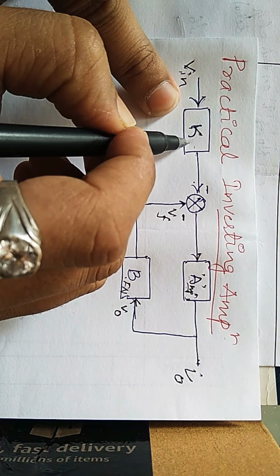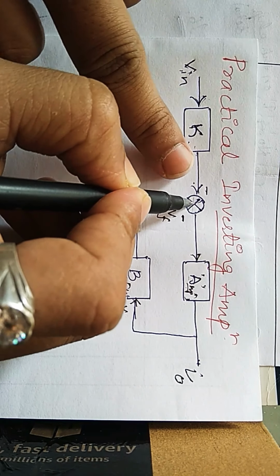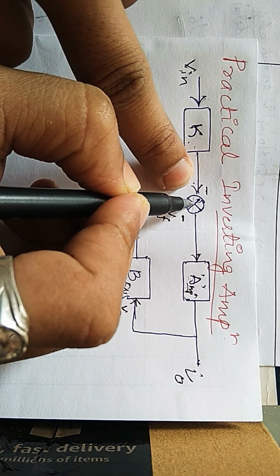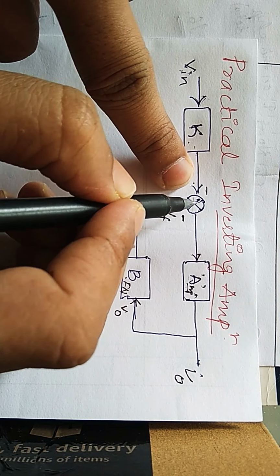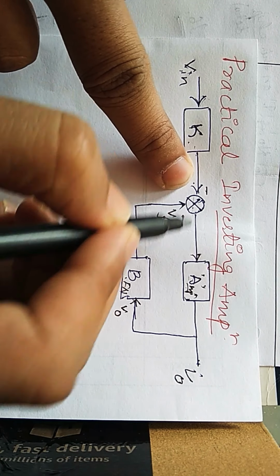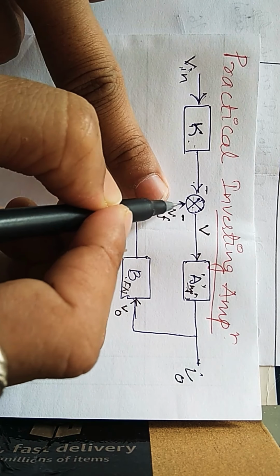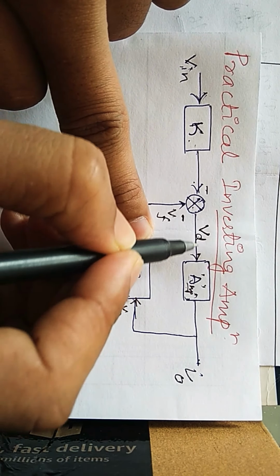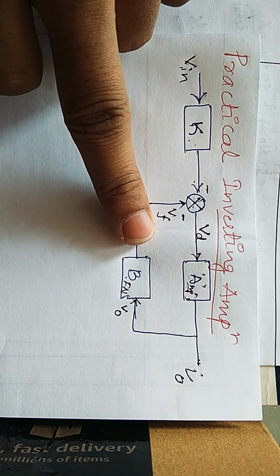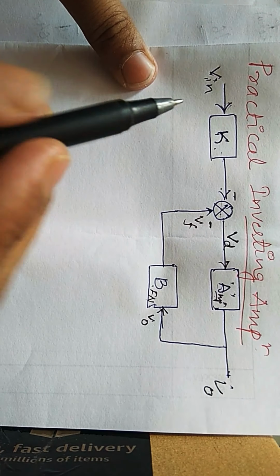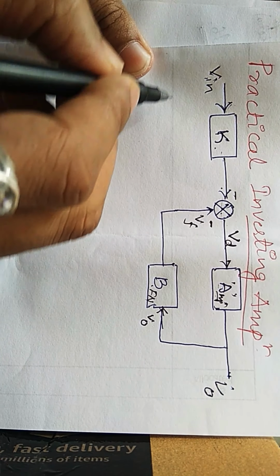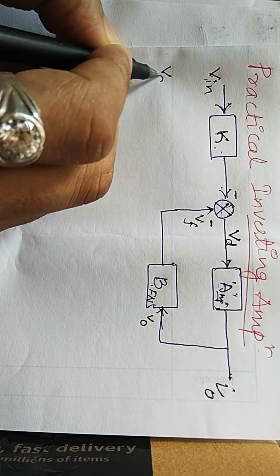So V in into K, we got that node, right? And we are considering this is the node or summing point. So let me consider the voltage between these two will be treated as the difference voltage. So how to derive that? Let me consider, first, what is the VD?